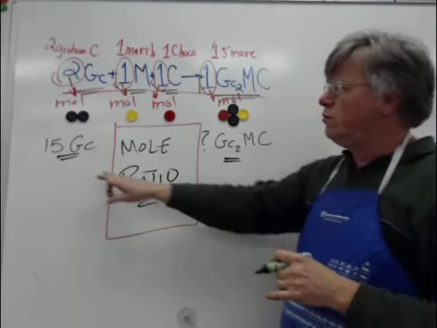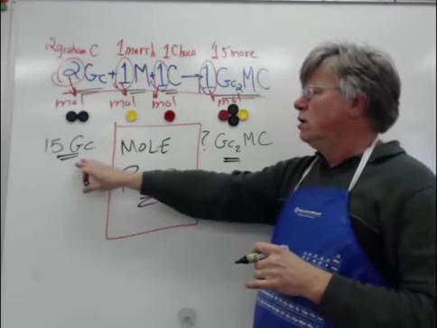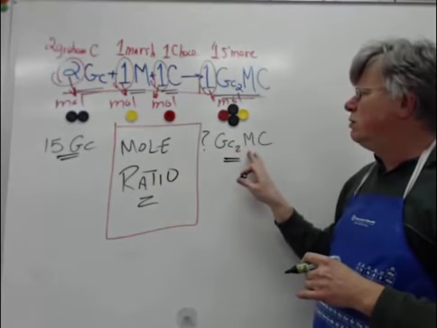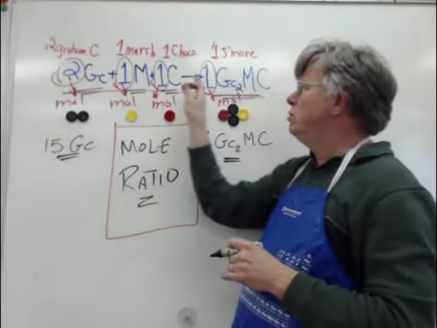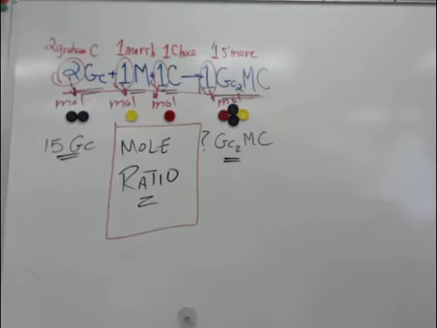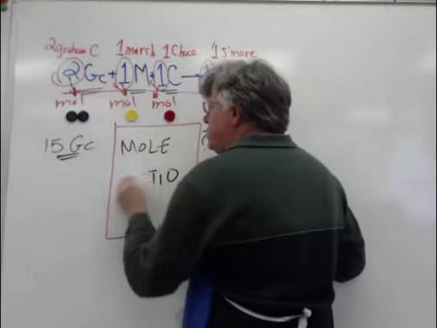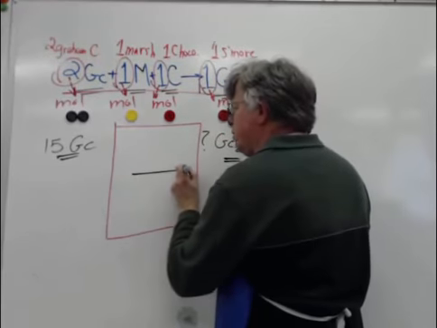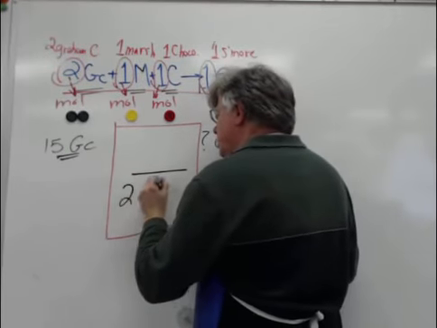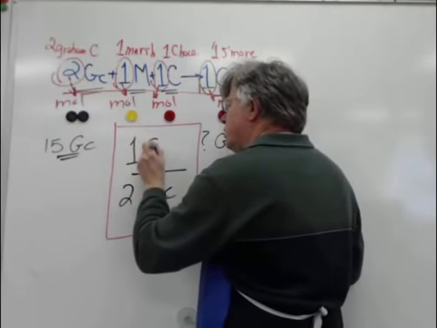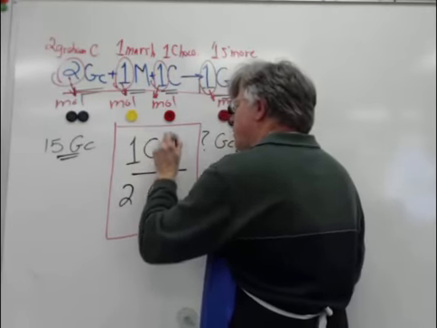What it's trying to tell you is if you have 15 graham crackers, you're going to need to divide that number by 2 to get the number of s'mores. You can see it because it's a 2 to 1. So the mole ratio in this case would be 2 graham crackers make 1 s'more.